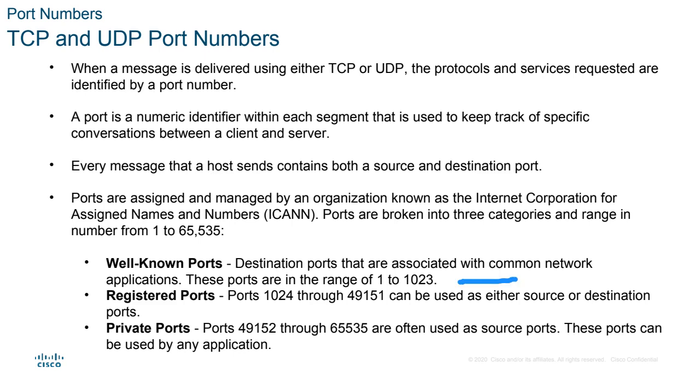Registered ports are from 1024 to 49,151. And then we have private ports, from 49,152 to 65,535, and they can be used by any application. Registered ports can be used as either source or destination ports.